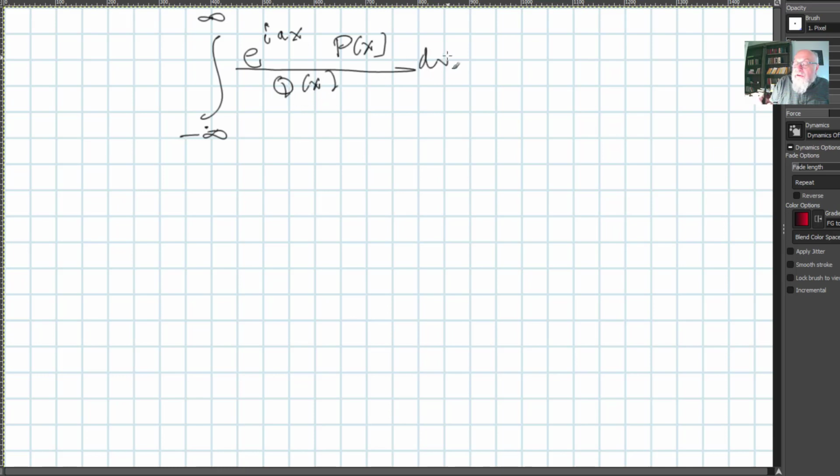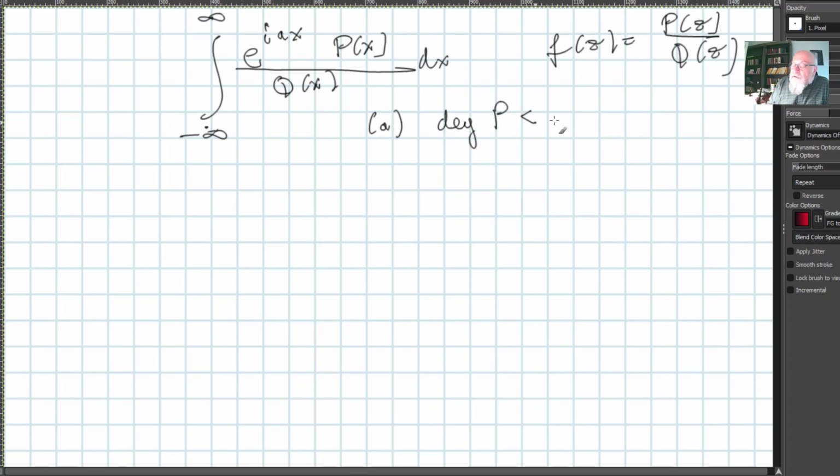So our f of z is equal to p of z divided by q of z. Now let's assume, not exactly like before, that the degree of p is strictly smaller than the degree of q.